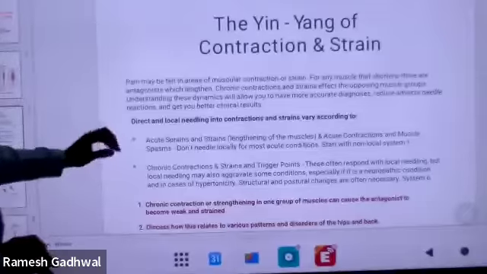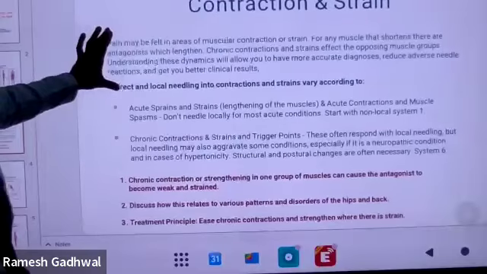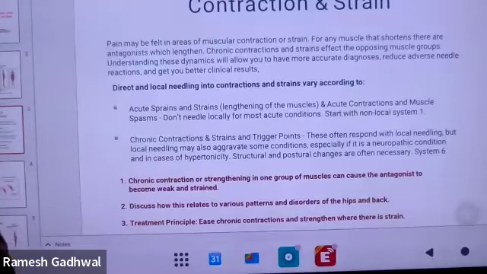Direct and local needling into contractions and strains varies according to acute sprains or strains, lengthening of the muscles, and acute contractions or muscle spasm.